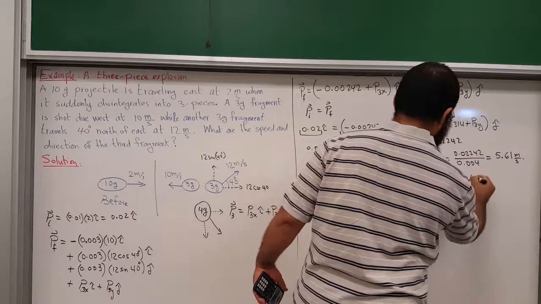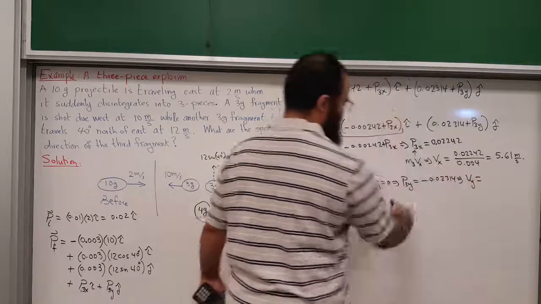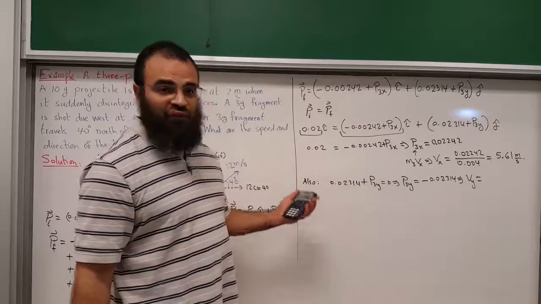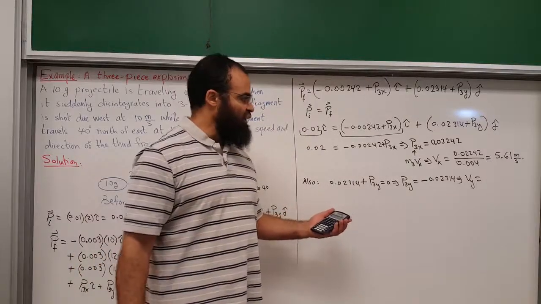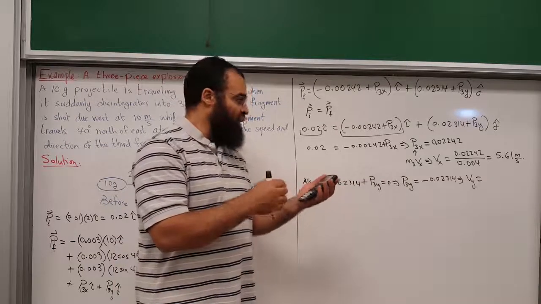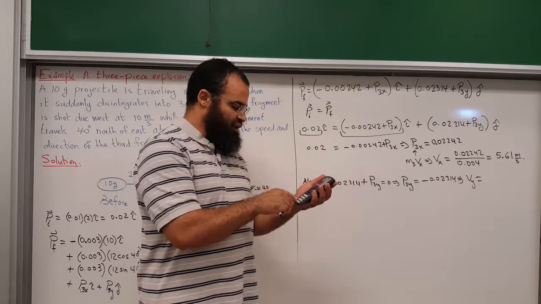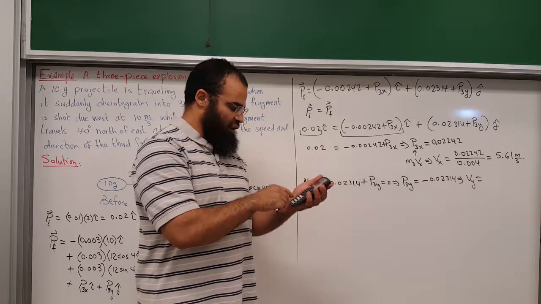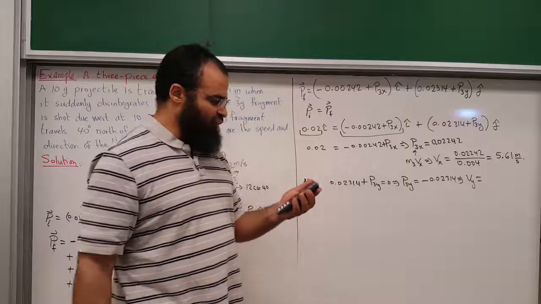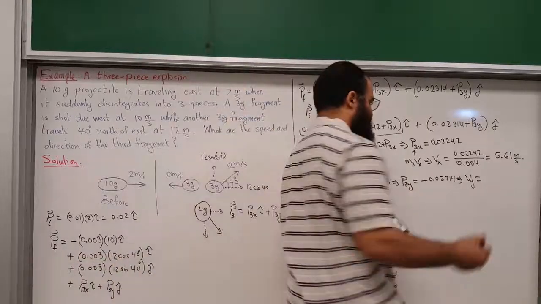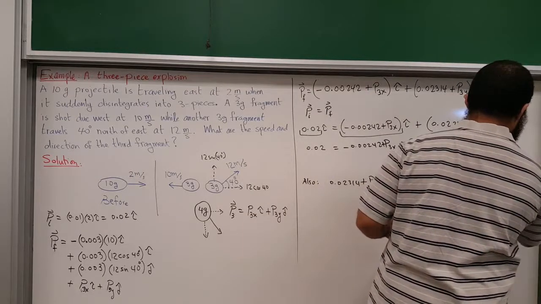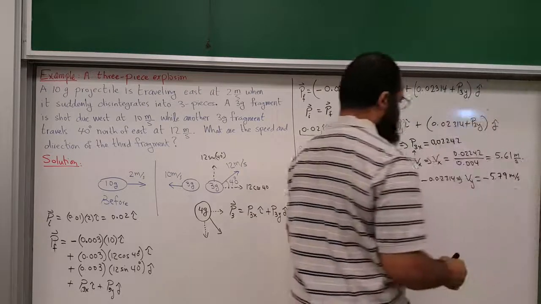And so Vy will be, because P3y is the mass of the third fragment times the velocity of the third fragment in the y direction, we just divide by the mass, 0.004. 0.02314 over 0.004 gives negative 5.79 meters per second. That's that.